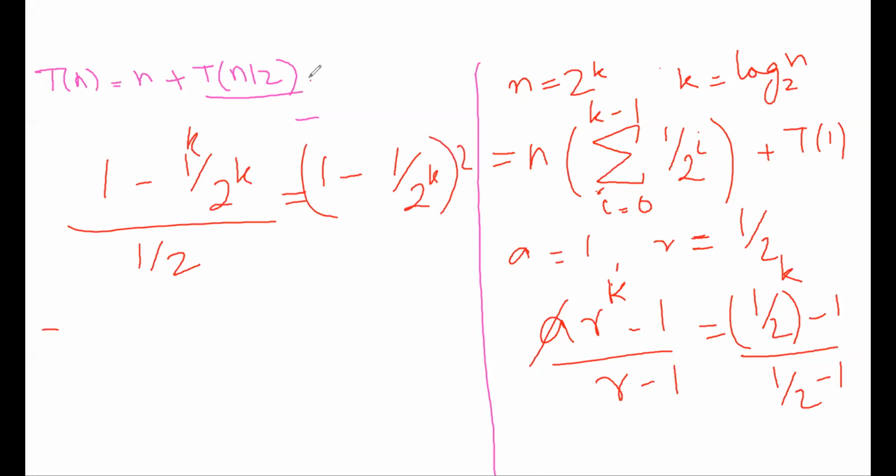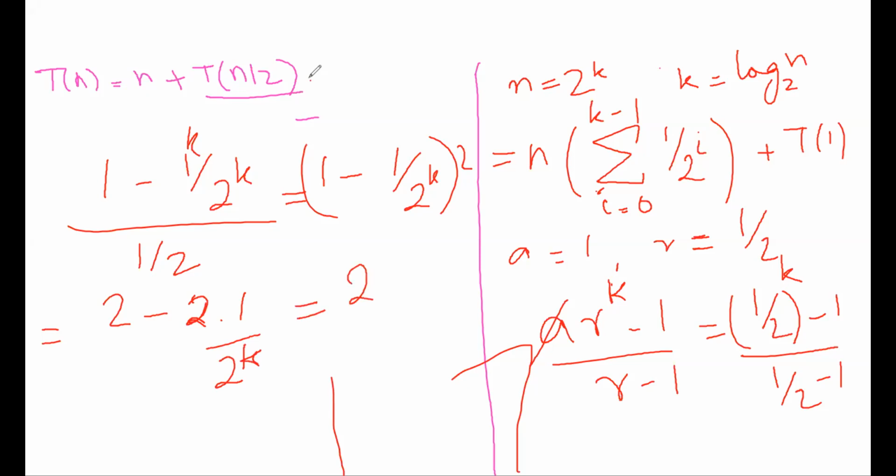So it is 2 minus 2. So what is 2k? Your 2k is n.